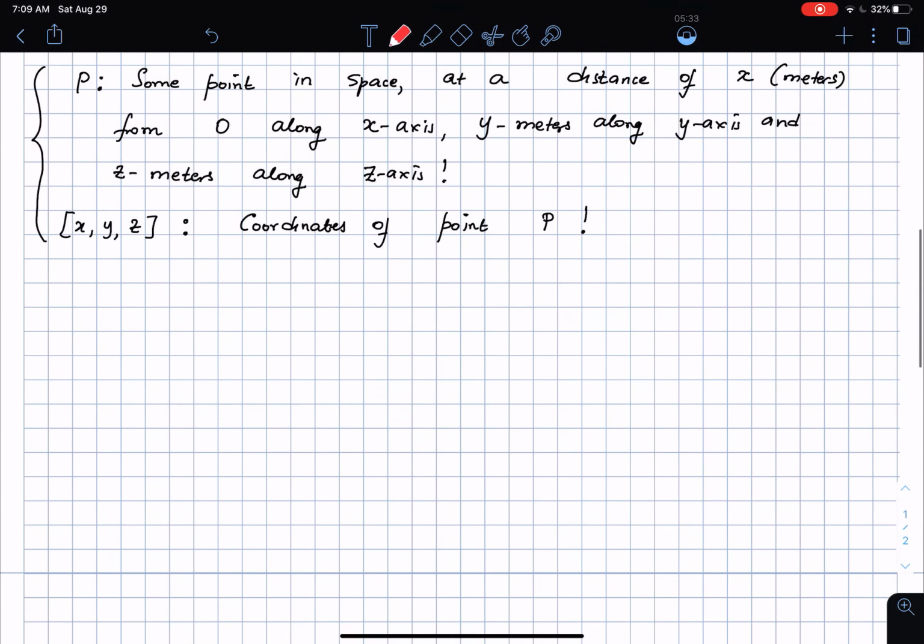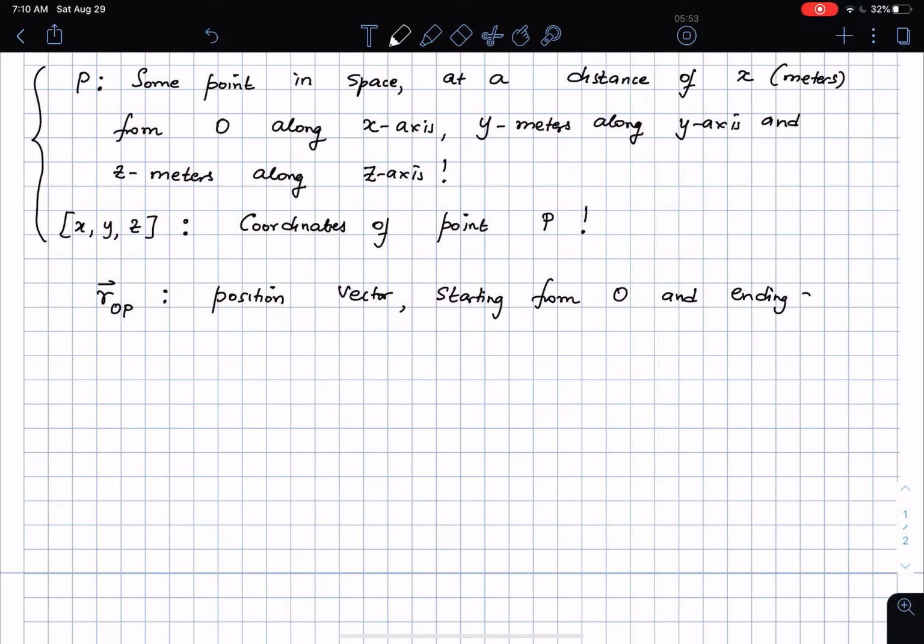So R_OP is the position vector starting from point O and ending at P, which helps locate point P relative to point O. This is the meaning of that particular position vector.